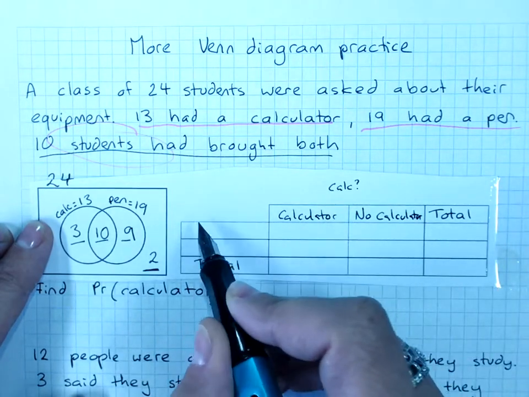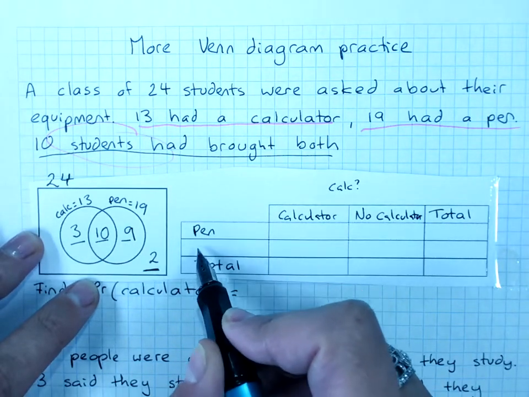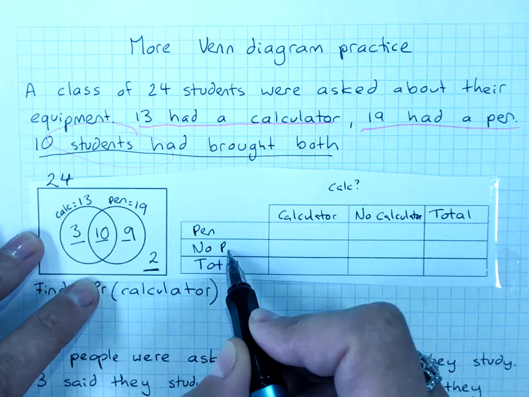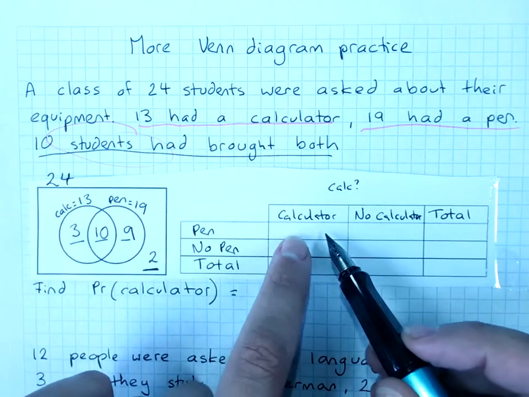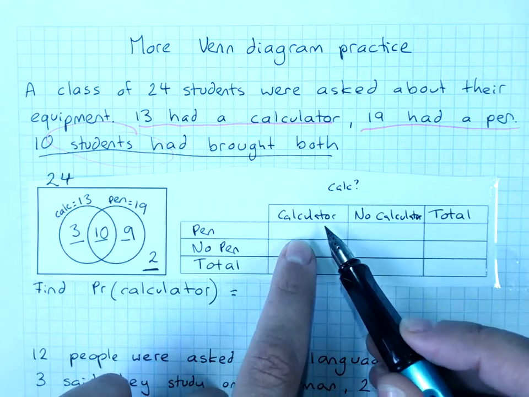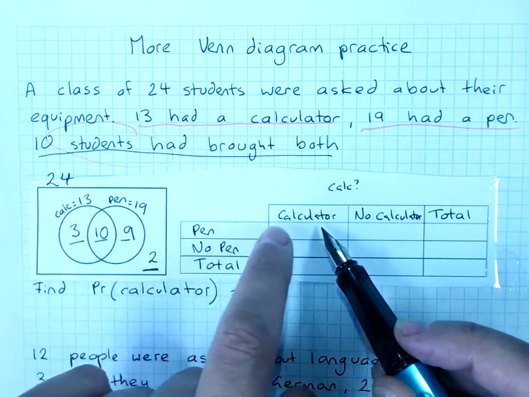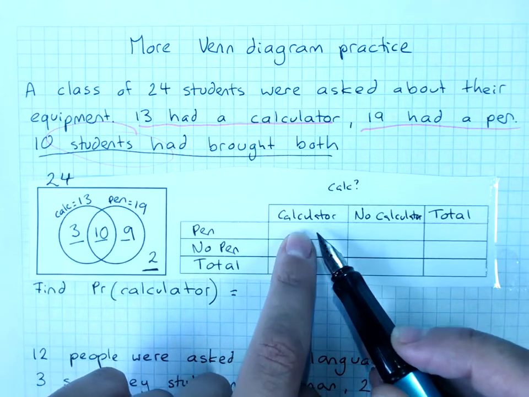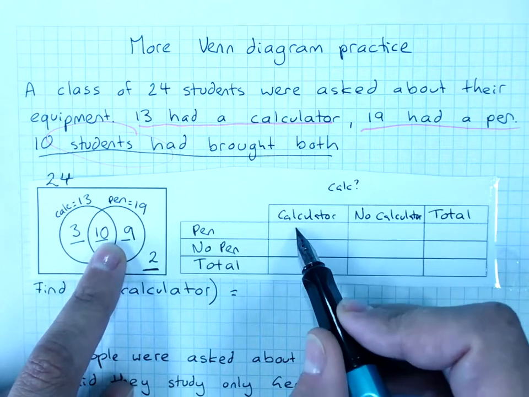And over here was the question, do you have a pen? So either yes, they had a pen, or no, they didn't have a pen. And we've got to choose what goes in these boxes by what they line up with. So this box lines up with calculator and pen. This is the people who had both a calculator and a pen. From the Venn diagram, that's 10 people.